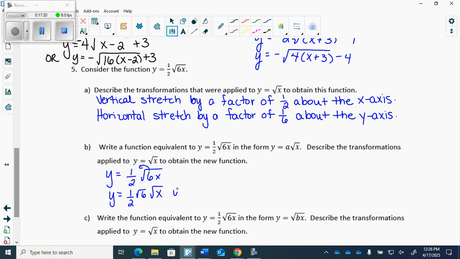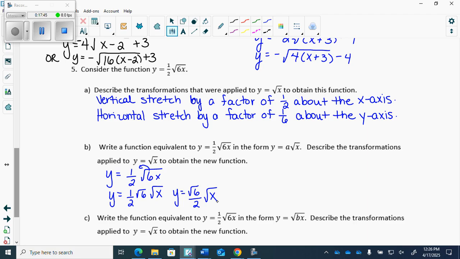So it's going to be y equals square root 6 over 2 root x. So when you take it out, you take the square root of it. If it's not a nice number, it stays square root 6, right? You would simplify it, but it wouldn't be the end of the world if it's like that.